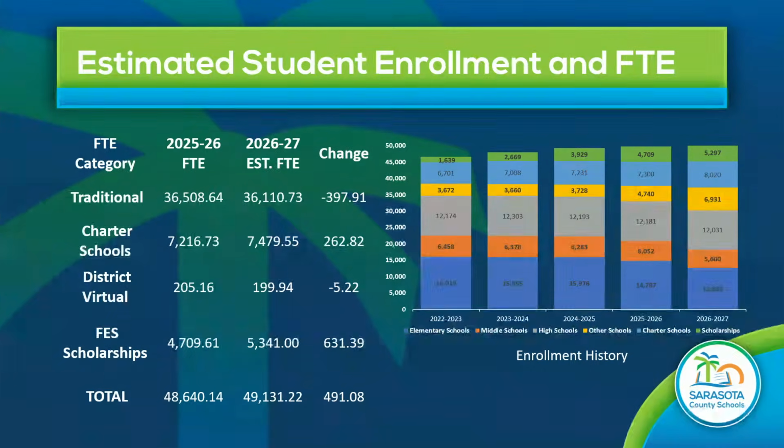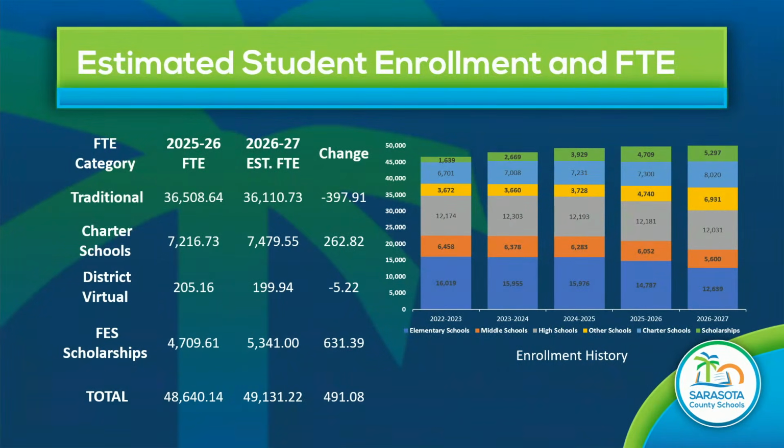Particularly that's due to the opening of the new charter school, mainly. So you can see that overall charter schools are projected to increase over 262 students. Our virtual school will see a slight decline of about 5 students.